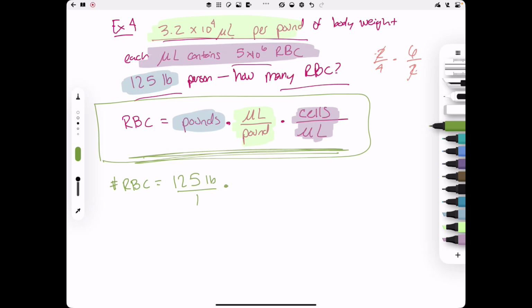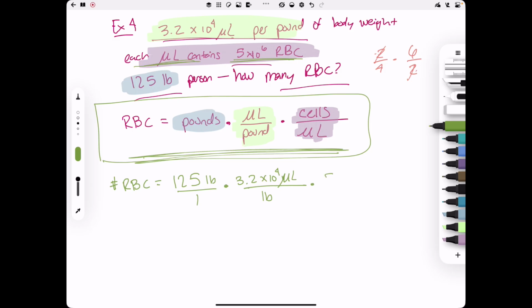Times the green highlighting, which is 3.2 times 10 to the 4th microliters per pound. I'm showing you how it works in here. Times the purple highlighted stuff, 5 times 10 to the 6th red blood cells per microliter.